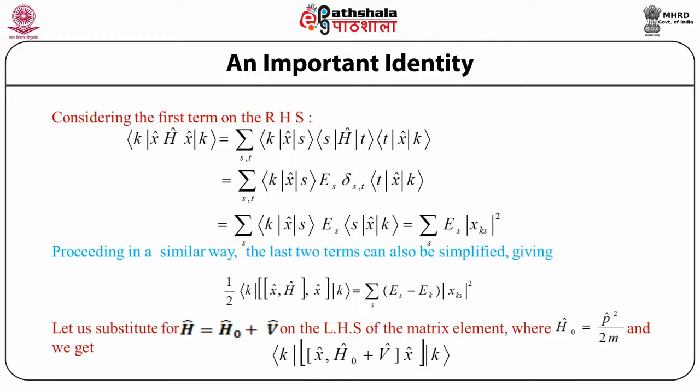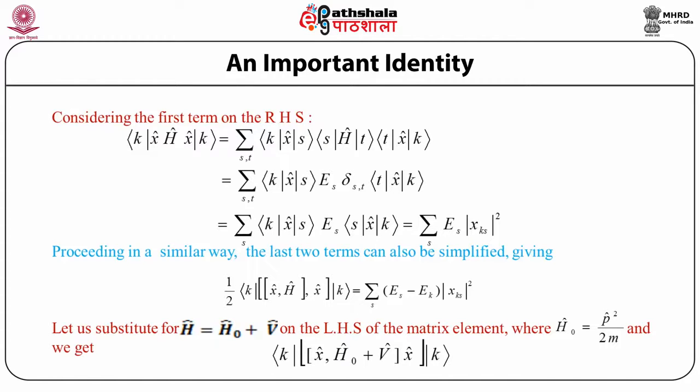Proceeding in a similar manner, the last two terms can also be simplified, giving half bra vector k, commutator of operator x, operator h with operator x, ket vector k is equal to summation over s within brackets (Es minus Ek) modulus whole square of xks.